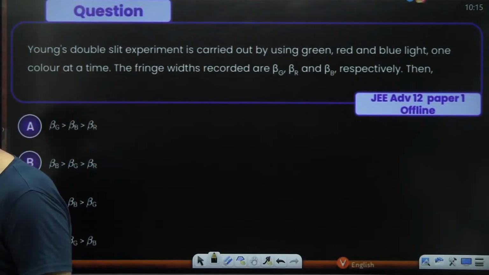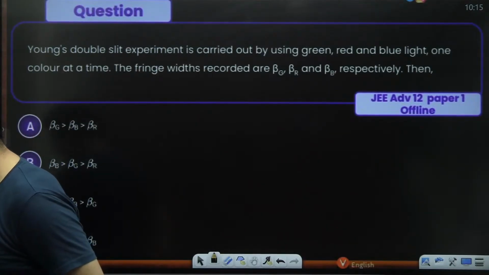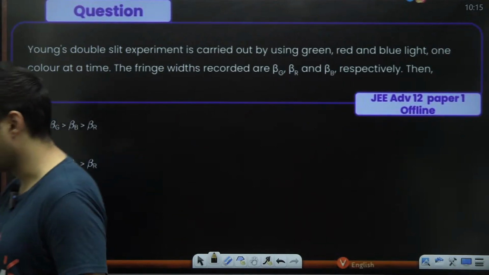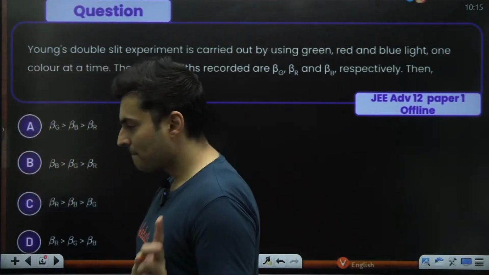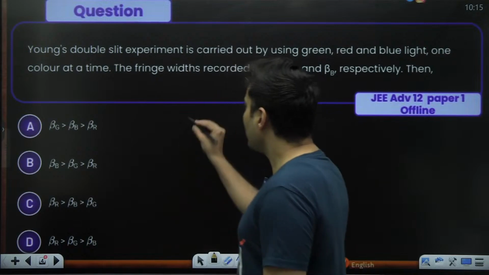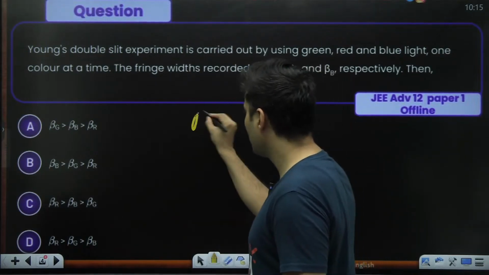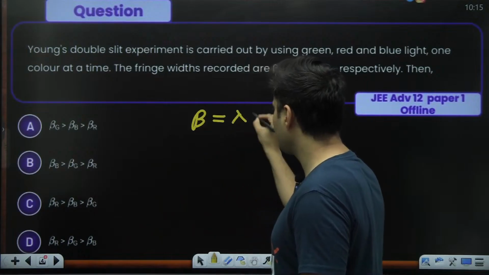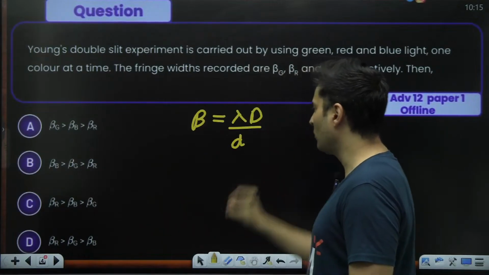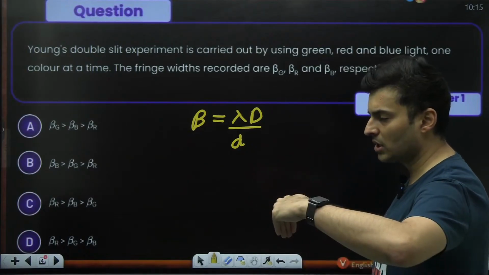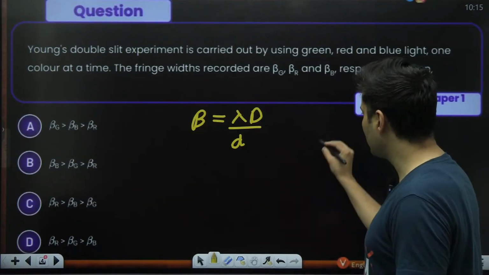Let's see, guys, if you can figure this out. It's very simple. Come on, think about it. How are you going to solve this particular question? See, fringe width in a Young's double slit experiment is lambda D by small d. Now we all know violet light deviates the most and red light deviates the least.